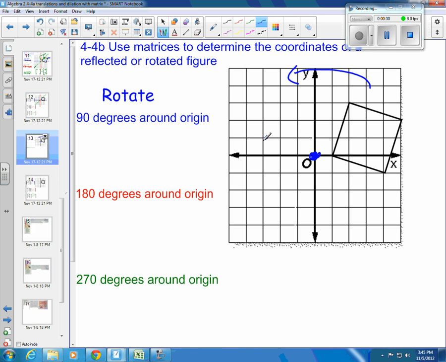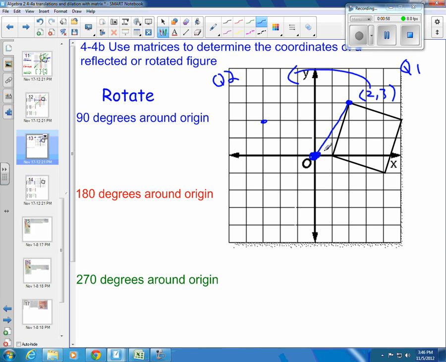So let's look at this. If we were going to be at this point right here, and I'm just going to draw a line to the origin, and I want to rotate it 90 degrees. So if I was in quadrant 1 and I go 90 degrees, I'm going to end up in quadrant 2. And if I am starting at the point 2, 3, I'm going to end up at this point 3, 2.